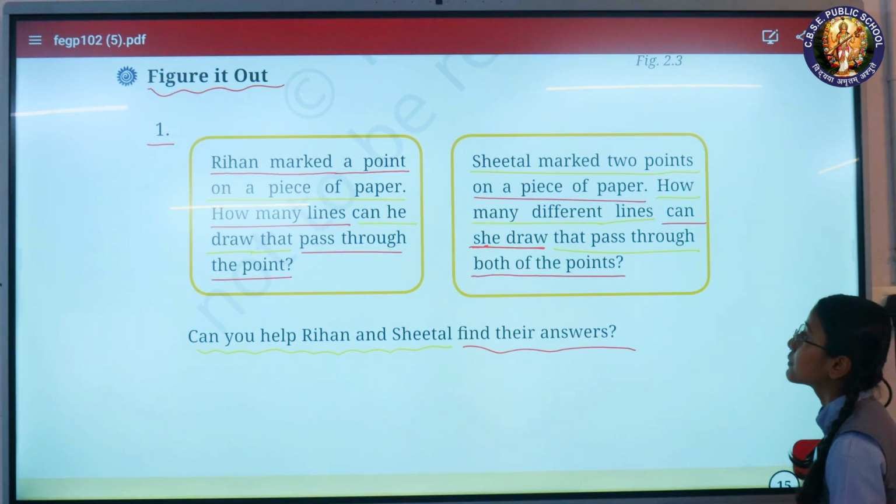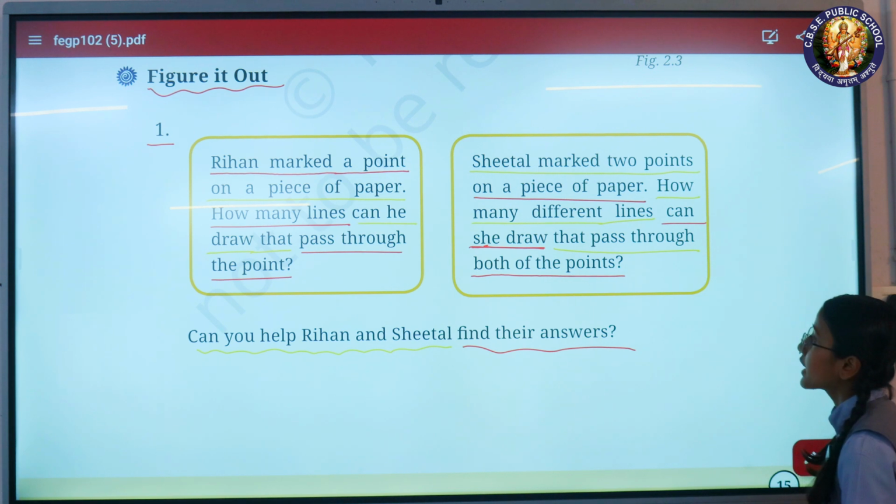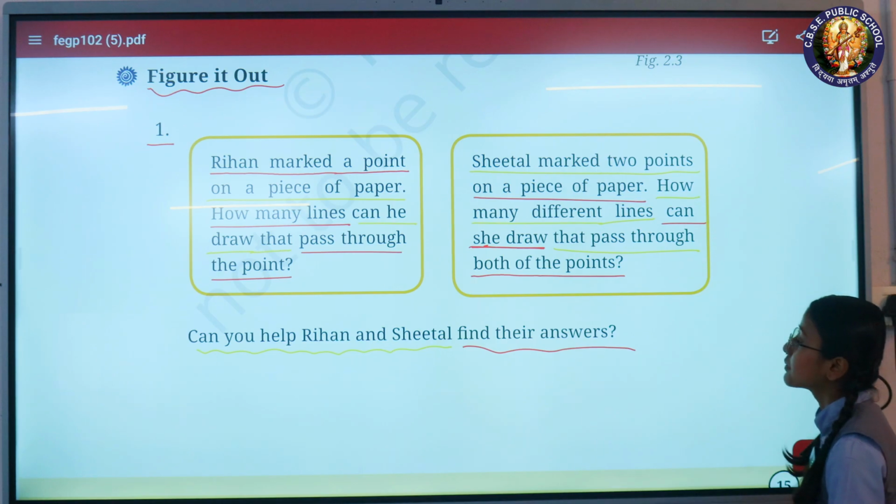Figure it out. 1. Rihan marked a point on a piece of paper. How many lines can he draw that pass through the point?